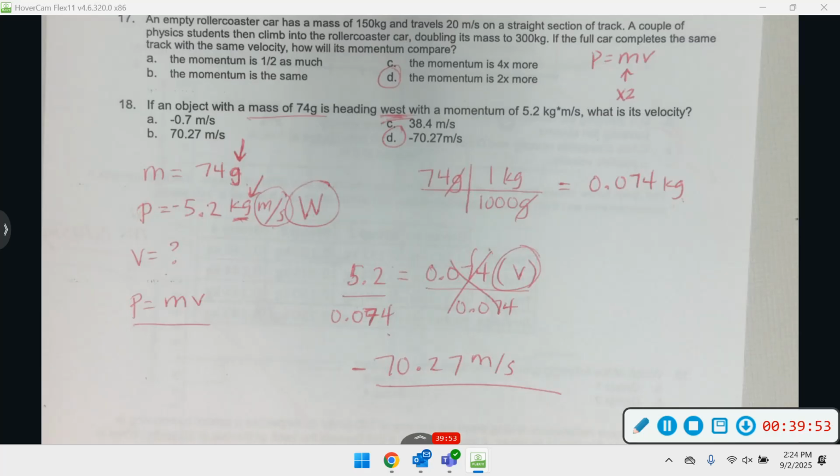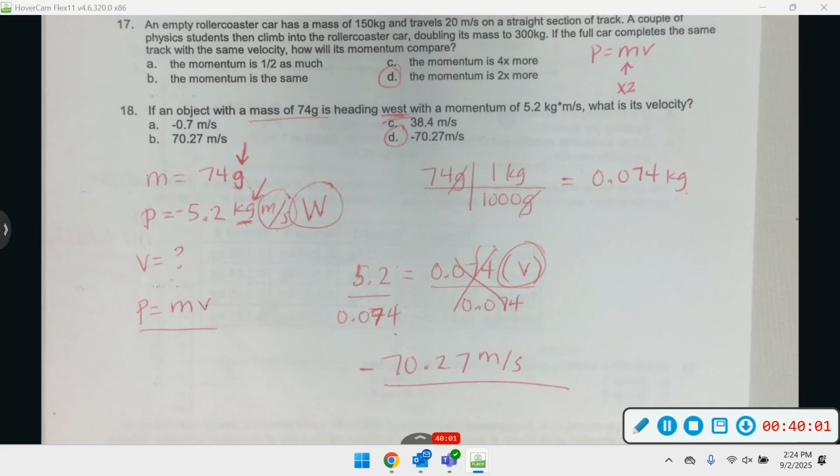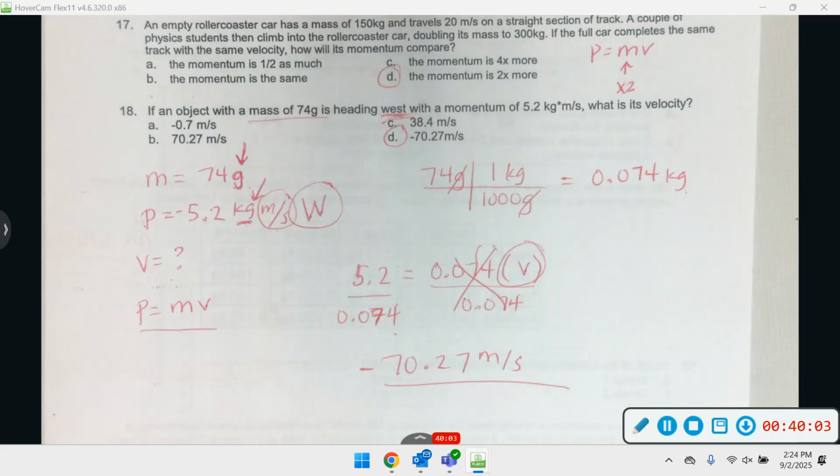Or where you have to write and explain a scenario, so they'll have a written component to it. I think you have both of those on your test tomorrow.